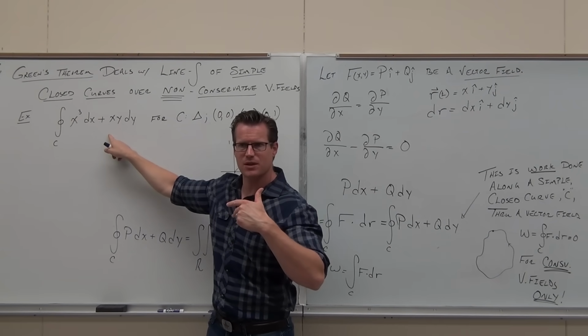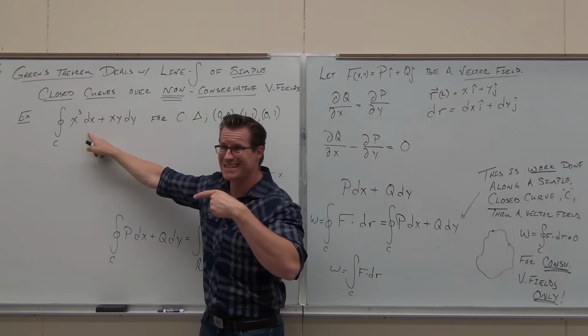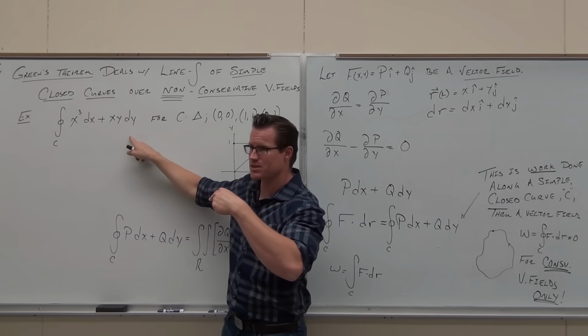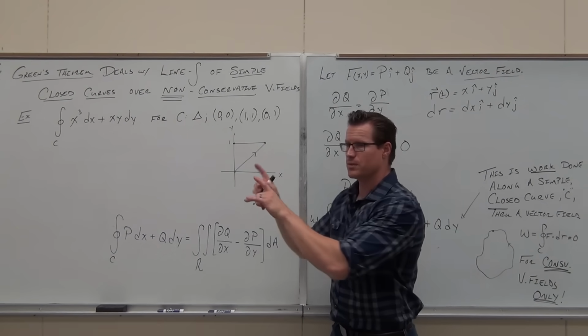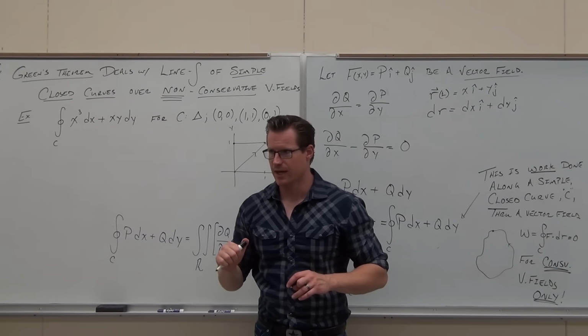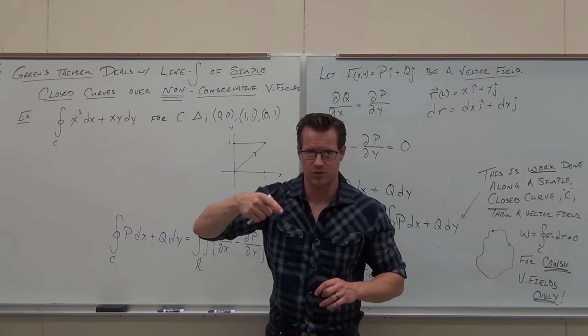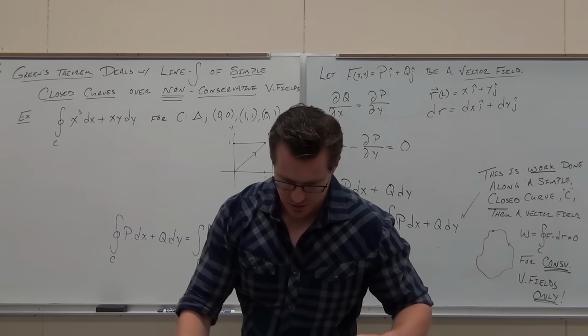Remember doing that stuff where you plugged in t's, took a derivative, plugged in dx equals something dt, dy equals something dt, and you did that integral? You'd have to do that for two of them. So, is Green's theorem going to make your life easier? You better believe it, yes, if we have a simple closed curve.